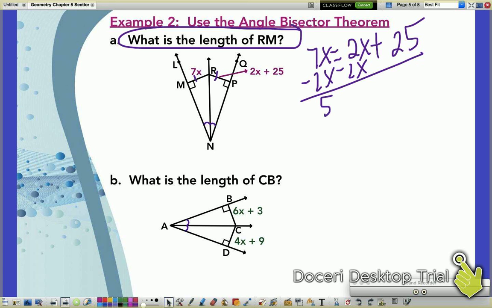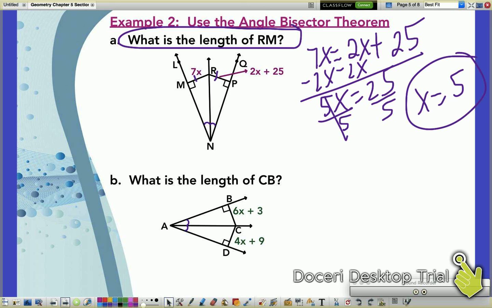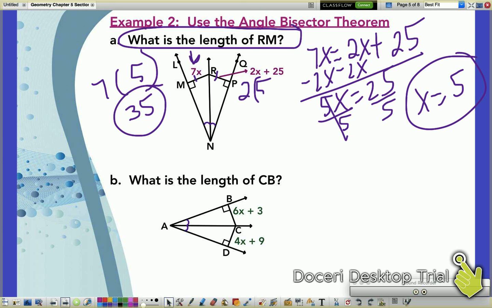Let's set them equal. X is 5. What's the length of RM? So that's this. So 7 times 5. Let's just check this one. So 2 times 5 is 10. Plus 25 is... So they both work out to be the same number.